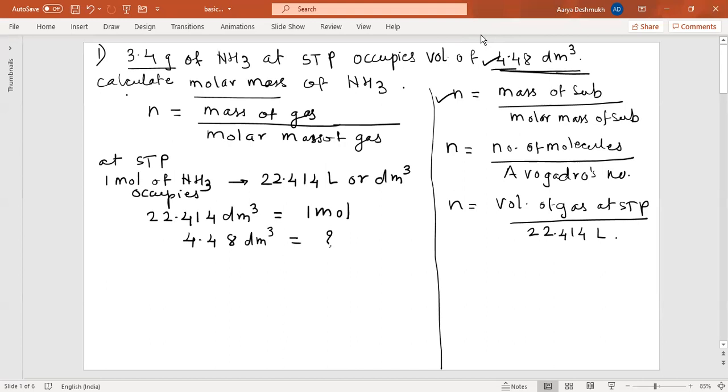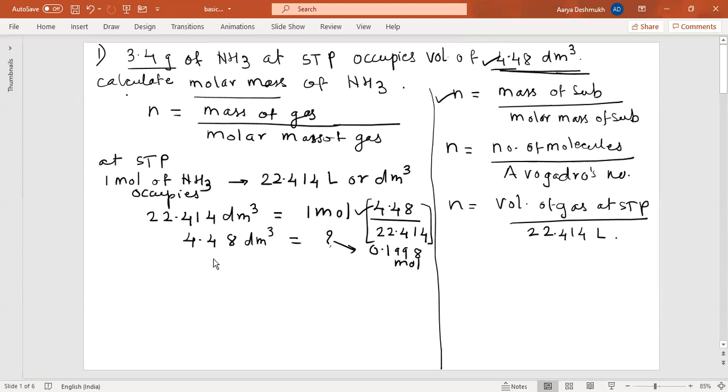I'll write here in short, just to save space: 4.48 divided by 22.414. If you solve this, you will get 0.1998 moles. What did we do?